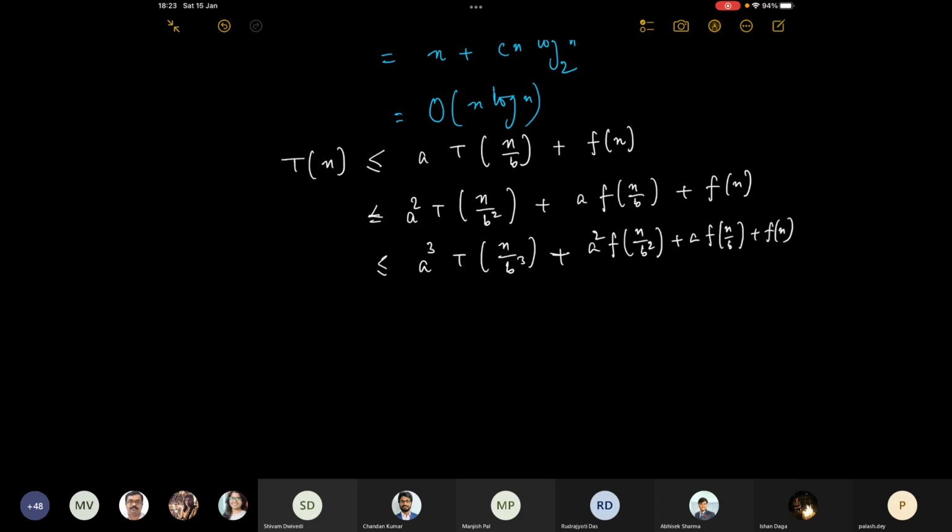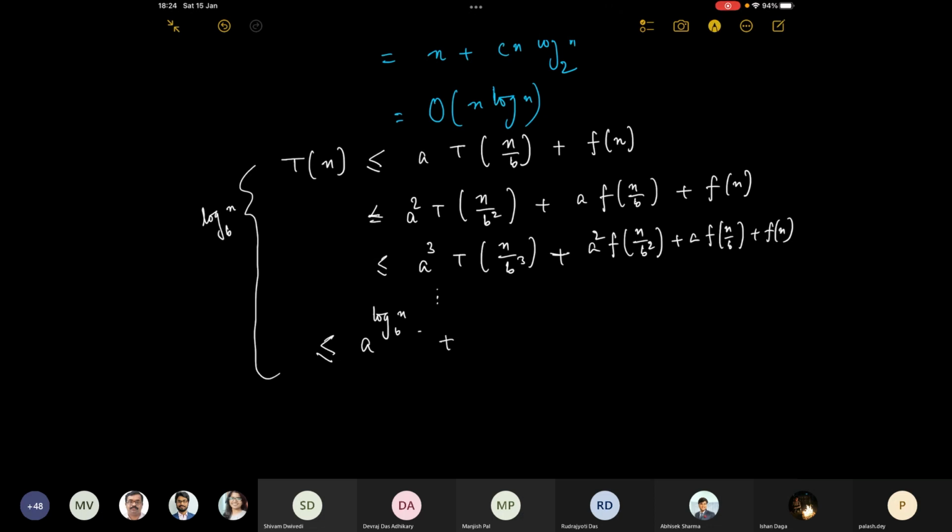And this will continue. Can someone tell me what will be the last step? So a to the power log n to the base b, T of 1. Very good. This expanding will continue for log of n base b steps. After that, inside T it will be 1, and assume that T of 1 equals 1.